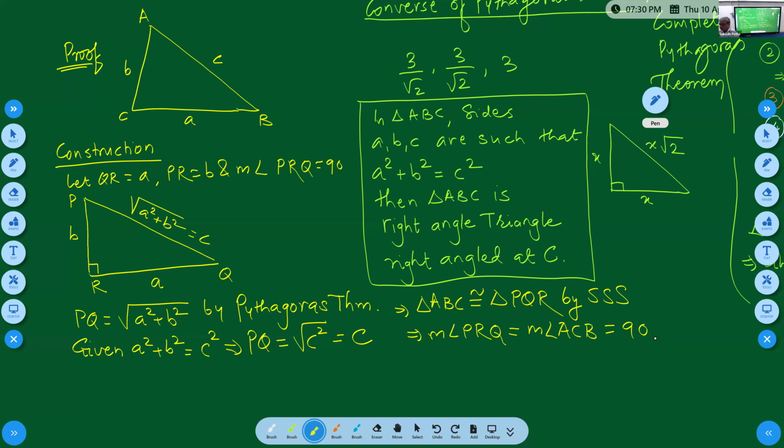So you construct another triangle whose measures are the ones which you want and use the given information to show that the third side is equal to your given triangle's third side, and therefore these two triangles are congruent by SSS, and hence corresponding angles must be congruent. Hence this angle is equal to this angle, and it was 90 here, therefore it should be 90 there. This is converse. Only one proof.